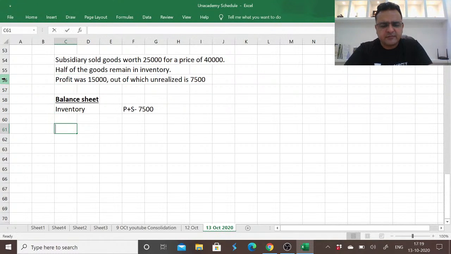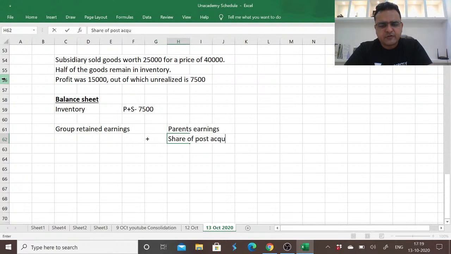On the other side, in the group retained earnings, we'll be adding the parent's earnings, and in it we'll add the share of post-acquisition profits of subsidiary.